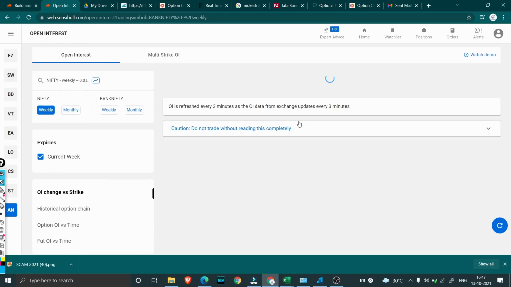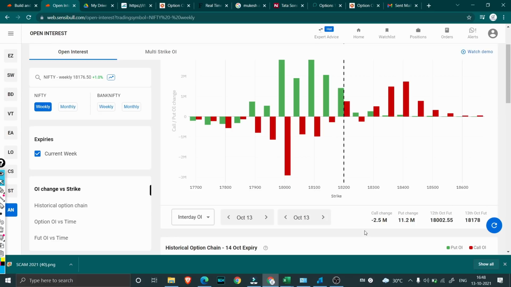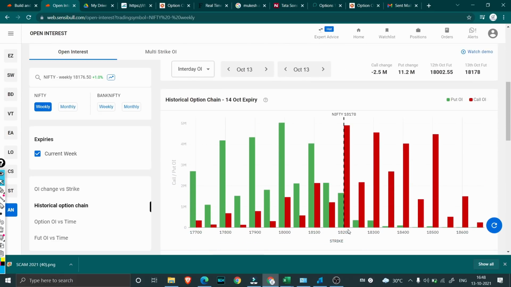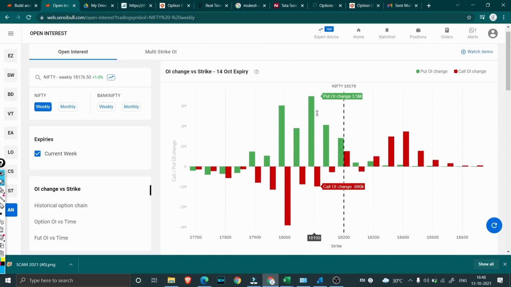And coming to Nifty, today we saw a lot of put writing and call unwinding happening in Nifty. So this is a clear sign that people are actually very bullish on Nifty, because you can see right over here, there is a lot of put writing at 18,100 as well as 18,000, and call unwinding happening at 18,000.